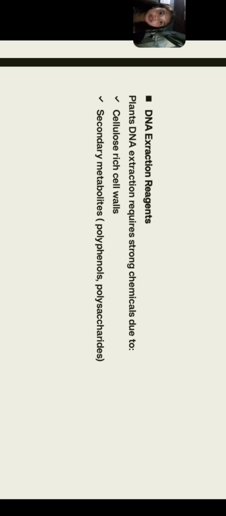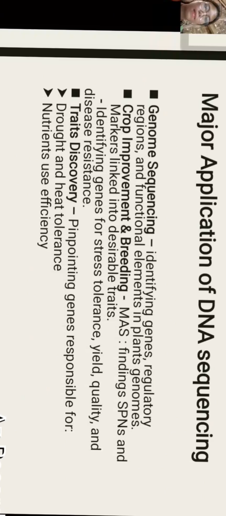First is cellulose-rich cell walls. Plant cells have walls that are hard to break. Second, secondary metabolites, polyphenols, and polysaccharides. Chemicals like polyphenols and polysaccharides are in plants and interfere with DNA extraction.